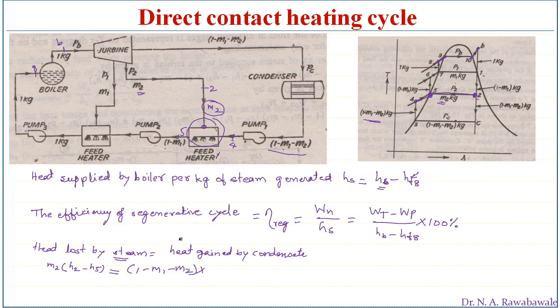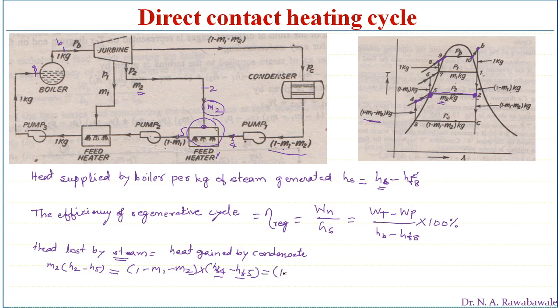So here we can write HF5 minus HF4. Because this is condensate in the liquid state, it is represented by HF.